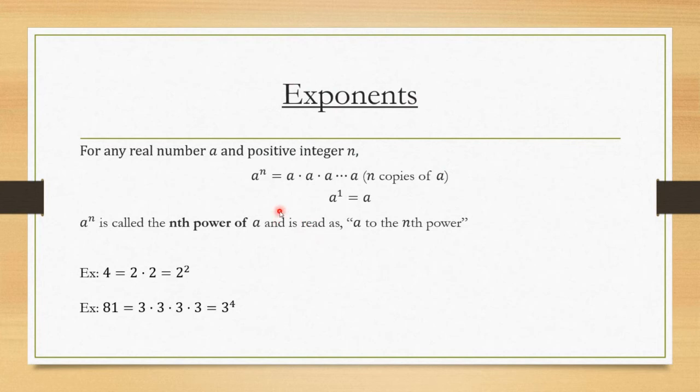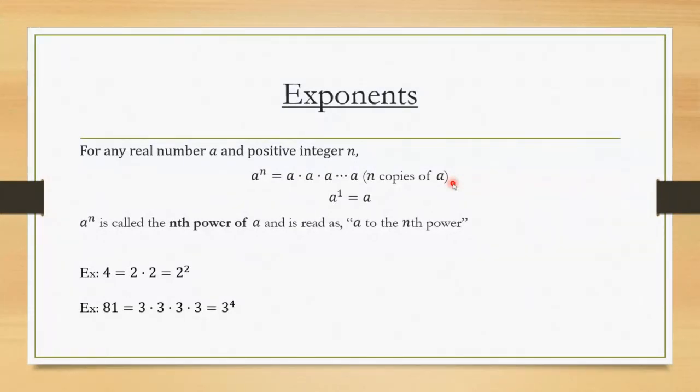Okay. All right, so exponents come up when we multiply. Namely, for any real number a and any positive integer n, or natural number for us, by definition, a to the n is a times itself n times. In other words, you have n copies of a, whatever that number a represents, and you're multiplying them all together.